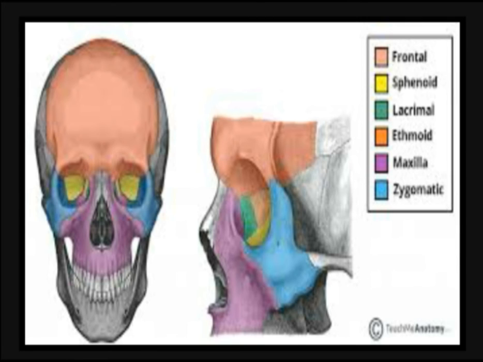The purple part is maxilla and the blue part is zygomatic. When we are discussing the orbit, it is necessary for you to learn these seven bones.